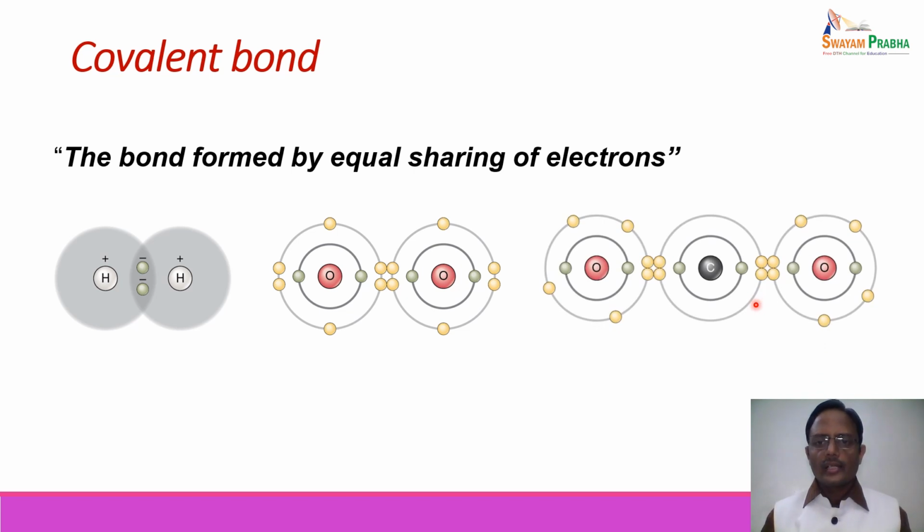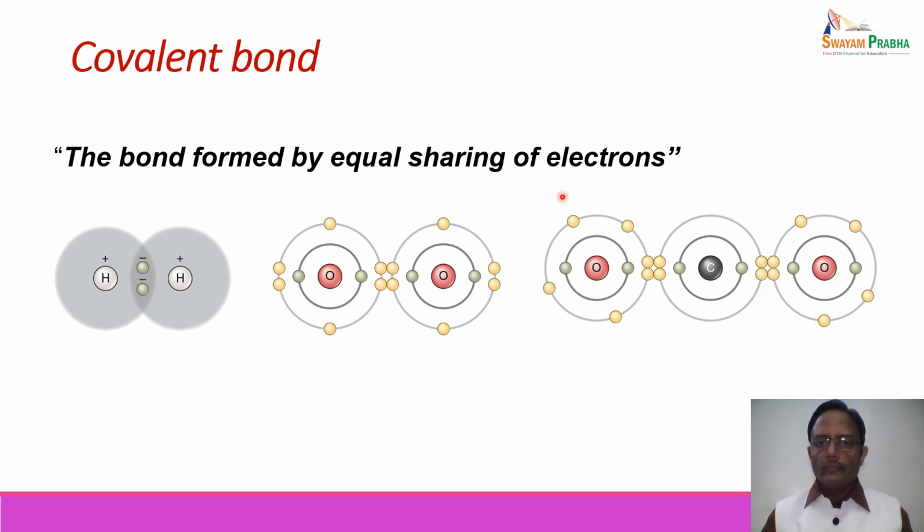Coming to another molecule, which contains different atoms: for example, carbon. Carbon has 4 electrons in the valence shell. It can form 2 double bonds with oxygen atoms, each oxygen sharing 2 electrons with carbon, and the carbon atom sharing 2 electrons with this oxygen as well as 2 electrons with this oxygen.